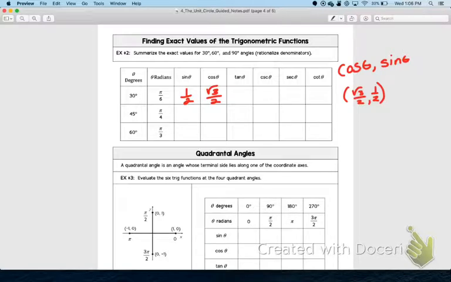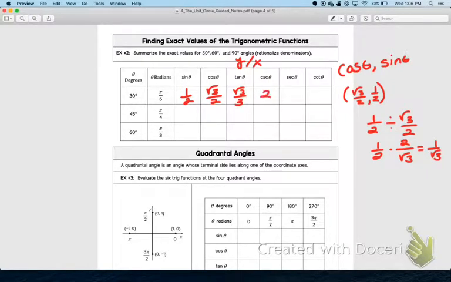Tangent is opposite over adjacent, right? So y over x, or y divided by x. So doing some work over here, 1/2 divided by root 3/2 is the same as 1/2 times 2 over root 3, which would be 1 over root 3, which rationalizes to root 3/3.